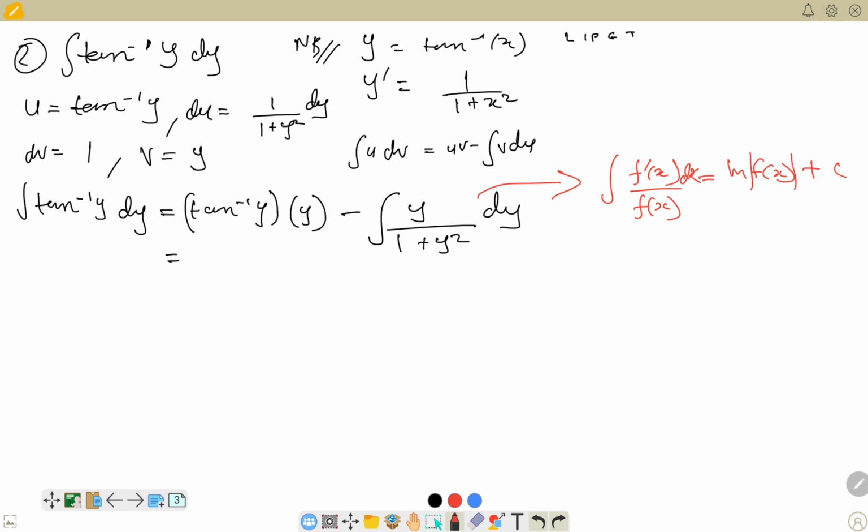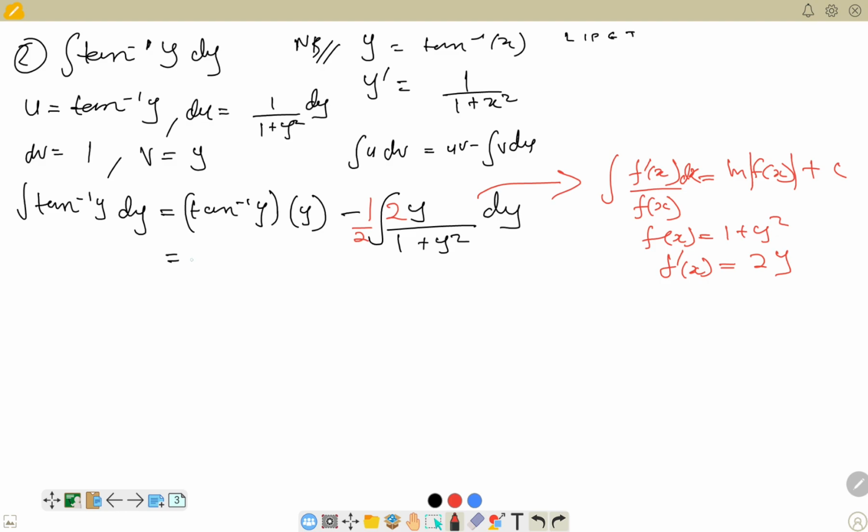So we can see that if our f of x is similar to 1 plus y squared, then f prime, bearing in mind that we are differentiating with respect to y, is going to be 2y, but here we do not have 2y. We can put it in and then divide at the bottom.